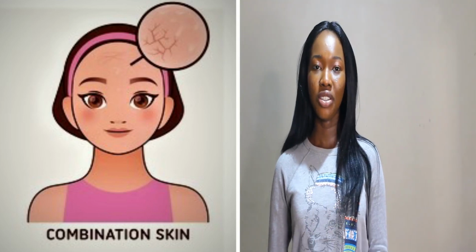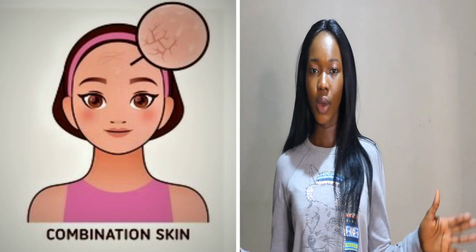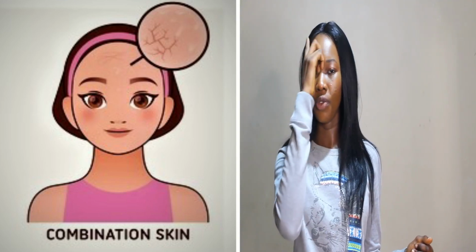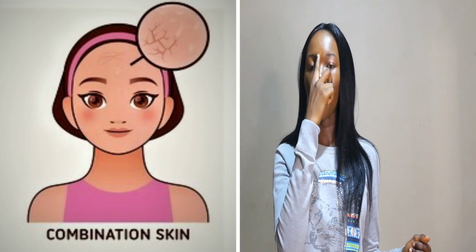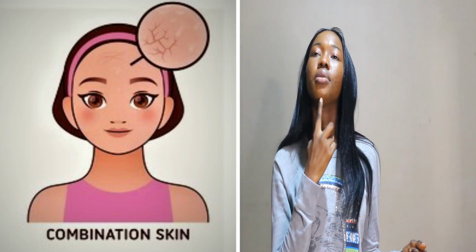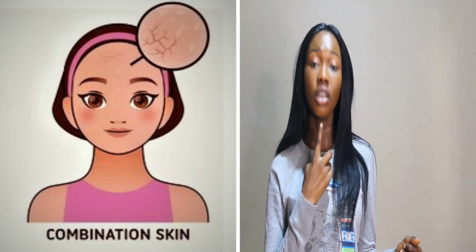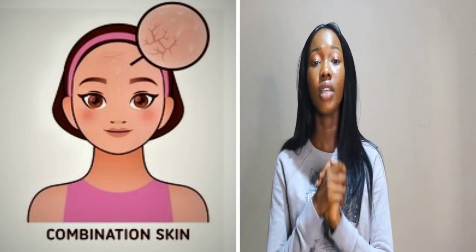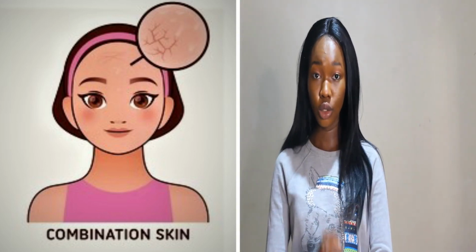And the fourth and final type of skin is the combination skin. So let's get this right. This is your T-zone, from your forehead down your nose, down your chin. And then your cheek area is your C-zone.